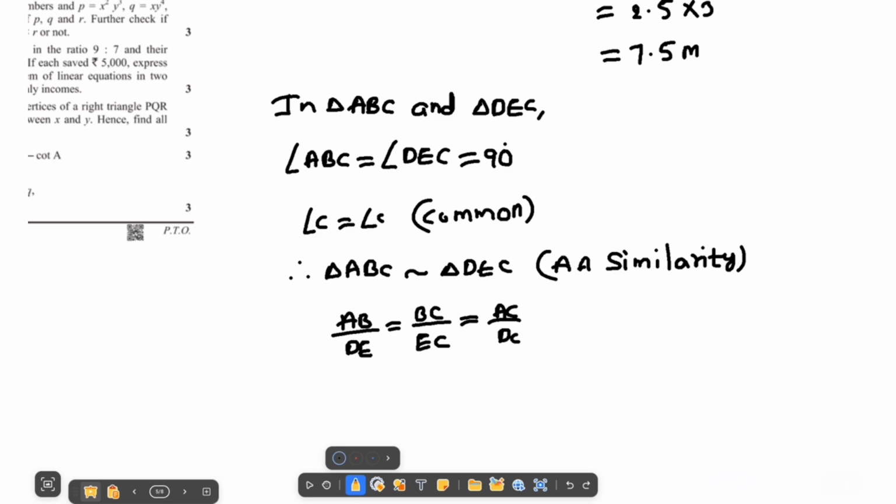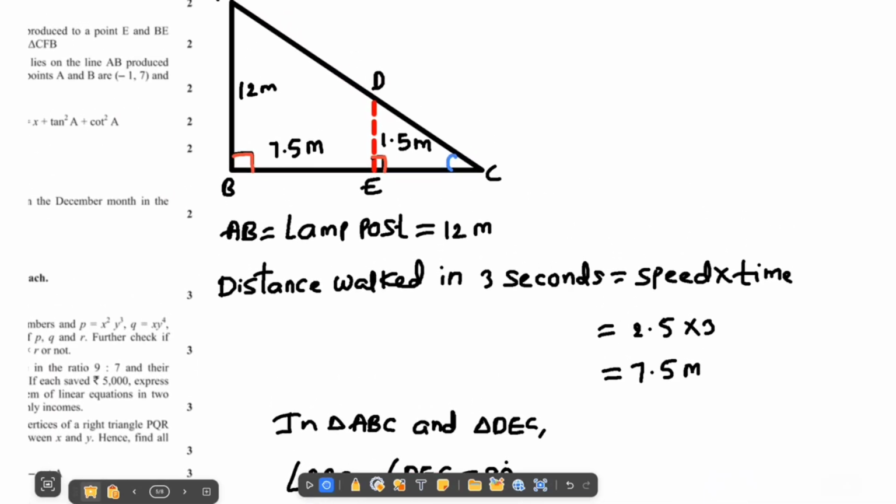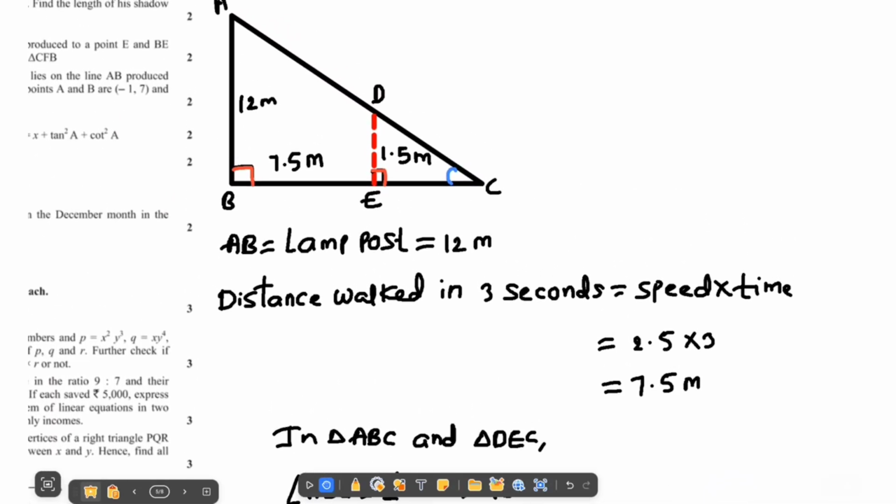Let's substitute the values. So here AB is 12, DE is 1.5. BC, we don't know BC, but up to E it is 7.5. Let us think EC is X.